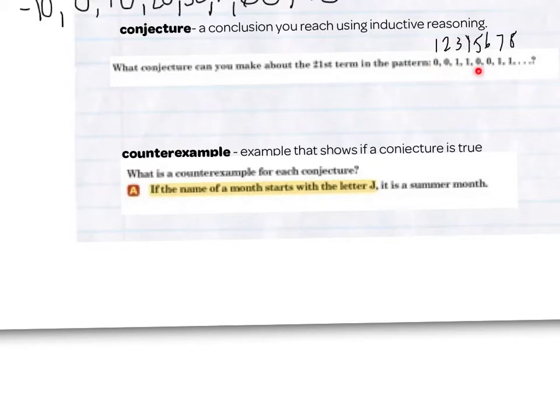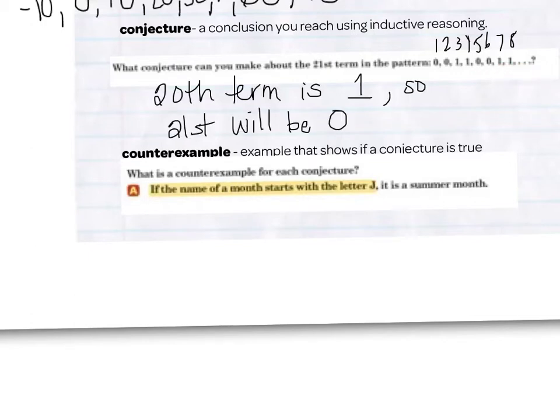If the pattern repeats 5 times, I'll be at my 20th term, which means the 21st would be a 0.